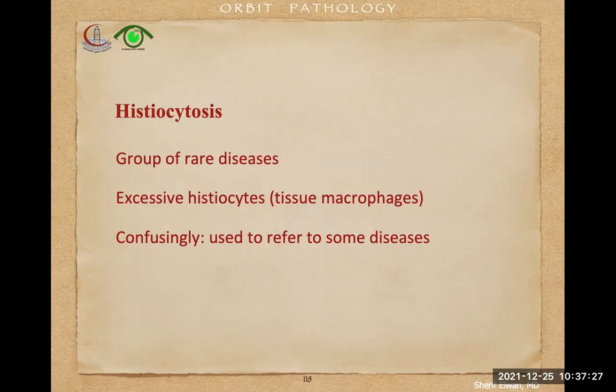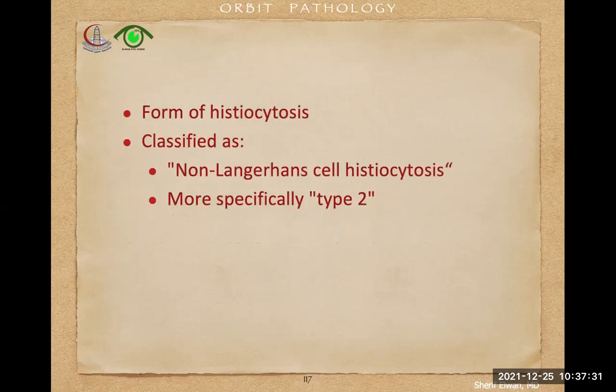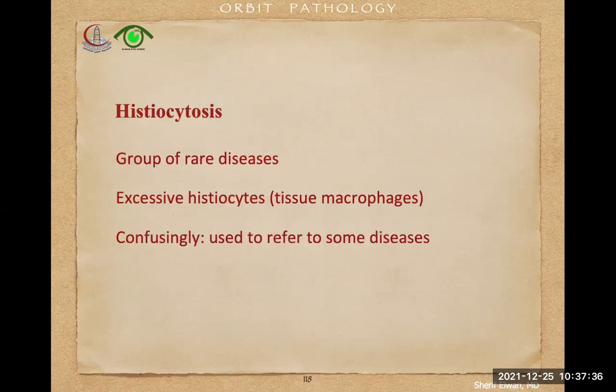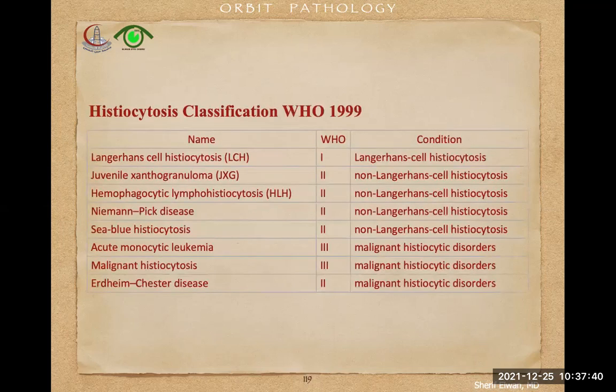Confusingly, it's used to refer to some other diseases, but histiocytosis is a well-known pathological term that is very confusing to pathologists. Rare diseases with excessive histiocytosis. The WHO classified histiocytosis in 1999 into type 1, type 2, type 3, and type 4.